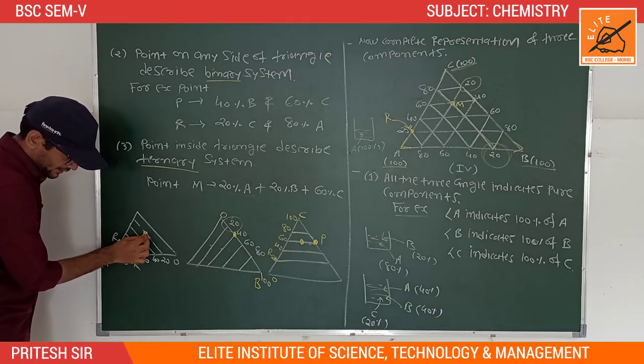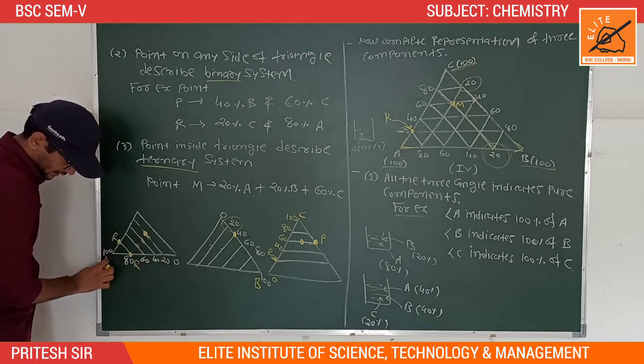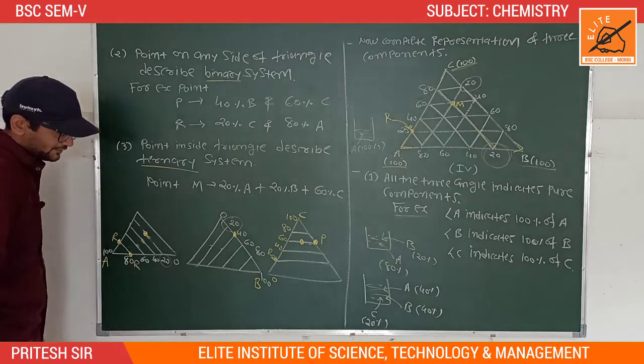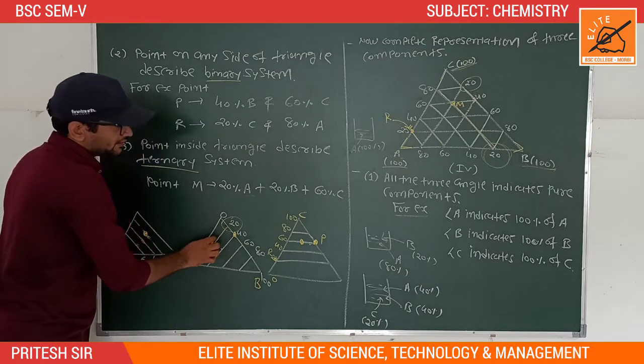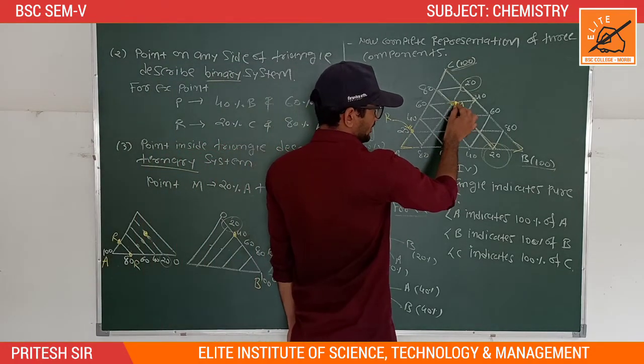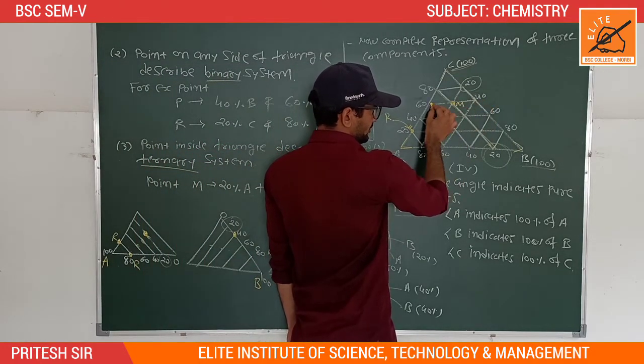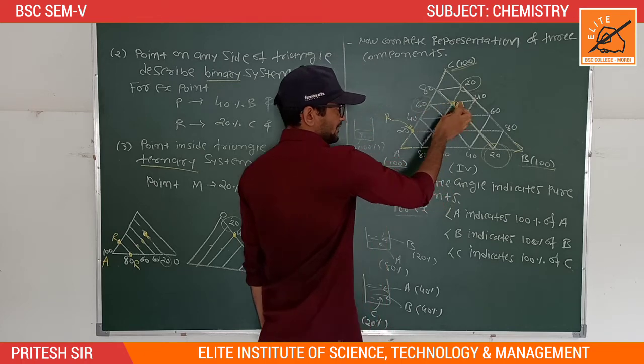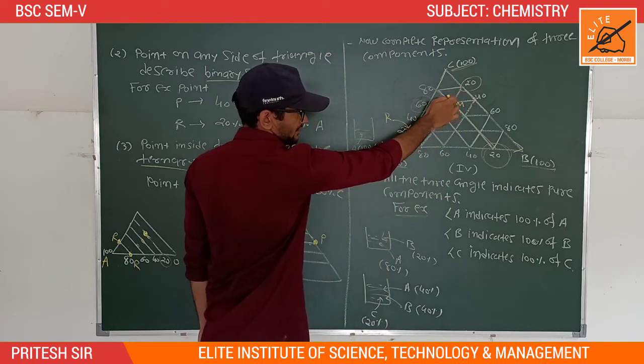So this point indicates the composition of A is 20%, B is also 20%, and on C, this point indicates the composition of C is 60%, from the first and second line.